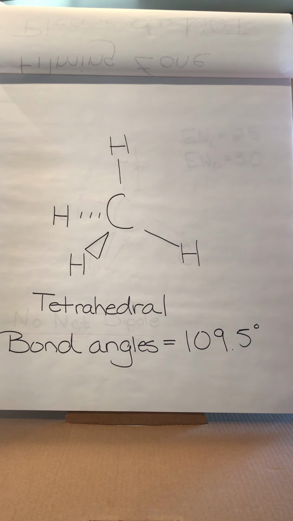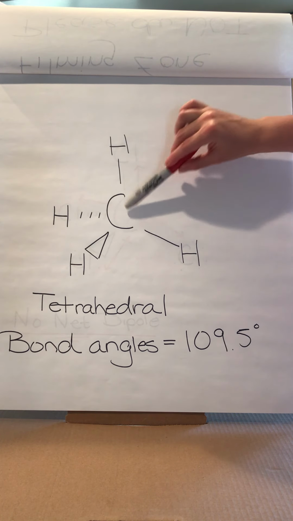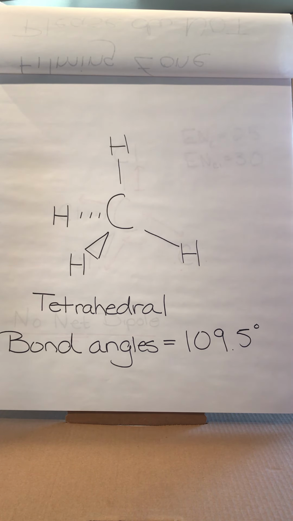And when we were looking at molecular polarity for this molecule, what we said is that the electronegativity of carbon was 2.5 and hydrogen was 2.1. So if we did 2.5 minus 2.1, we came up with 0.4, which qualified as nonpolar.